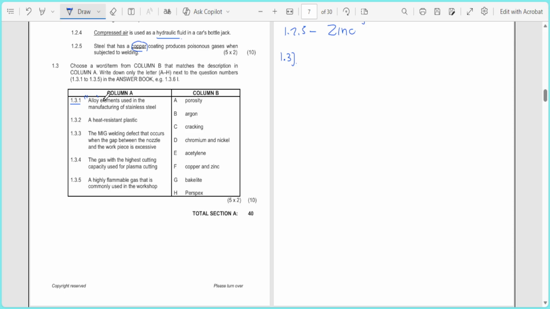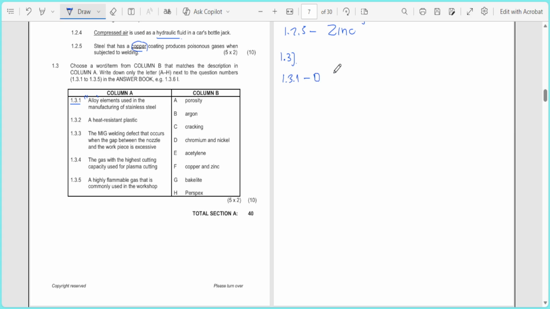So we have F as a possible answer and D as another option. These are two metals that are combined to give us an alloy, but one of the two should be correct. So the answer here is going to be D. I'll explain why. 1.3.1, the answer is D.